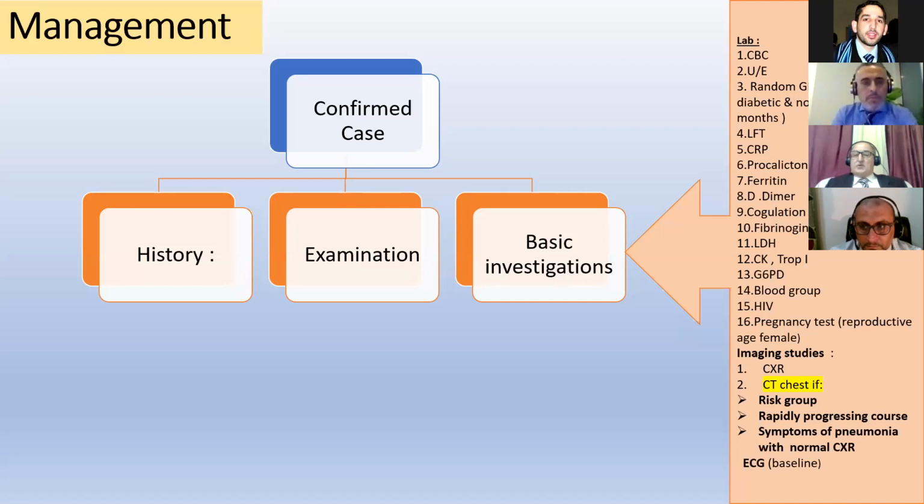Chest X-ray is important, and the CT scan for those with high risk or a rapidly progressive deteriorating course of illness, and those who have pneumonia but the chest X-ray is not that impressive. Again, the ECG should be done for every patient admitted to the hospital.